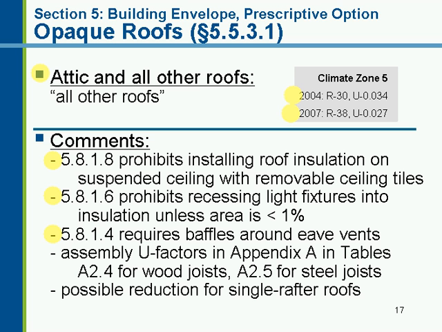If you don't want to install the R30 insulation and you have a better assembly, an alternate assembly, if you have a wood joist, you look at the tables in A2.4, and if it's steel joist, look at table A2.5. And I will note there is also a possible reduction in certain locations if you have single rafter roofs, which is where the ceiling is attached below and the roof directly above to the same rafter.